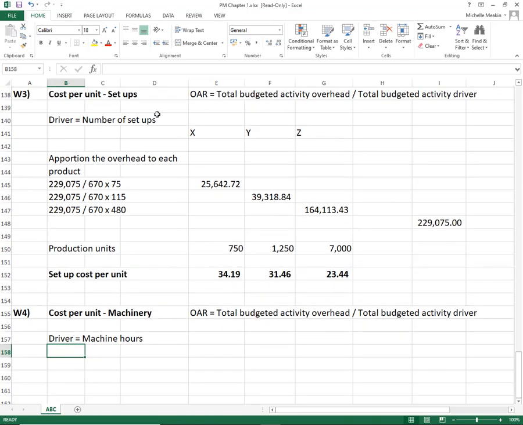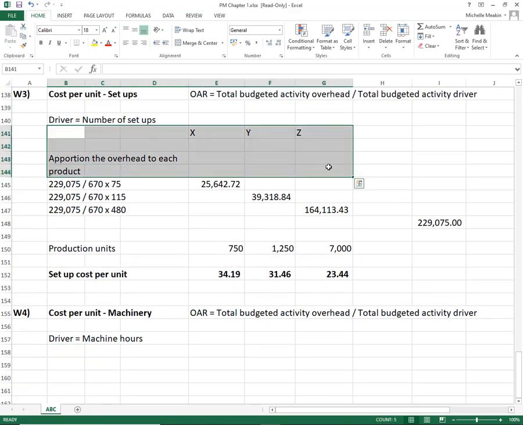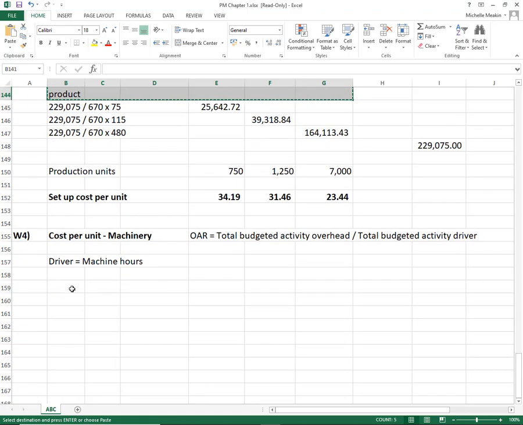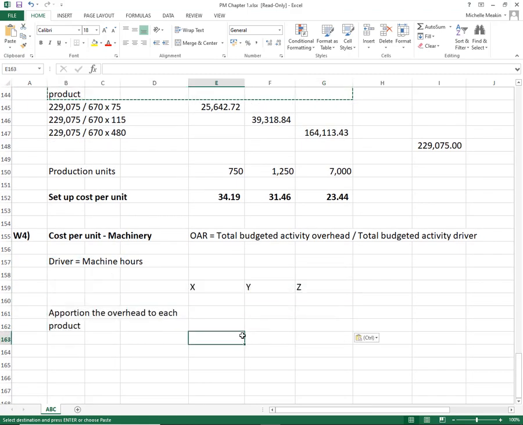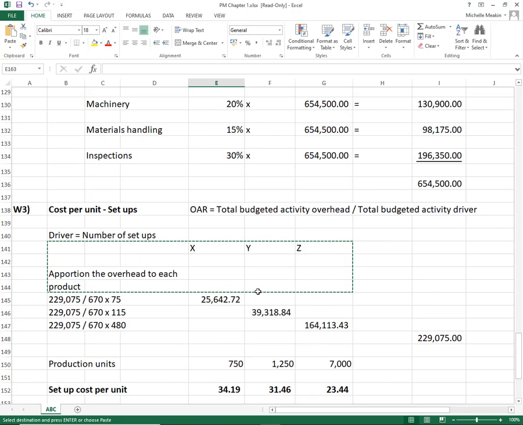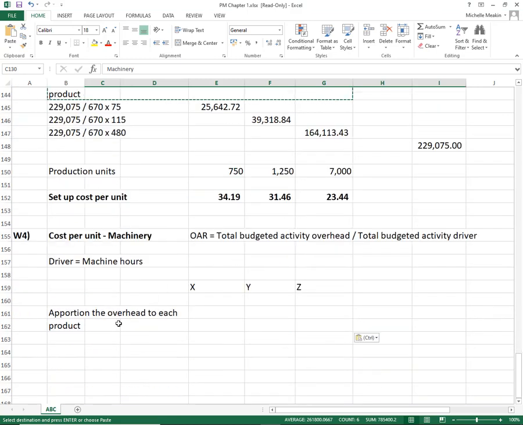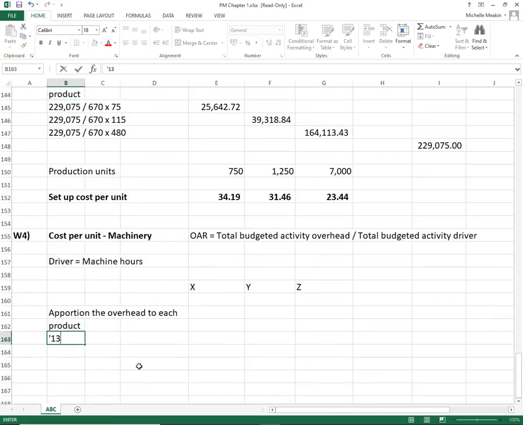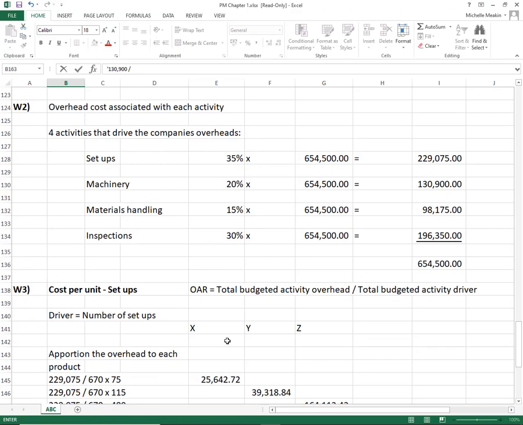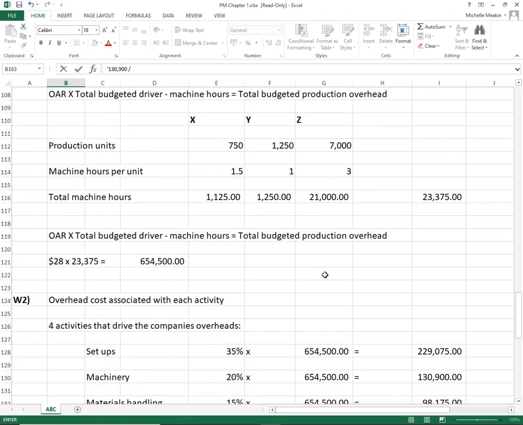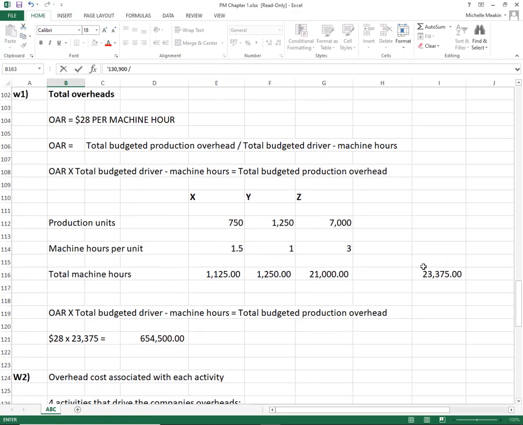And again, exactly the same as you did previously, you are going to apportion the overhead to each product. So you calculated that for machinery, the overhead was 130,900. And you're going to divide that by your total machine hours. You've already worked out machine hours within working number 1.